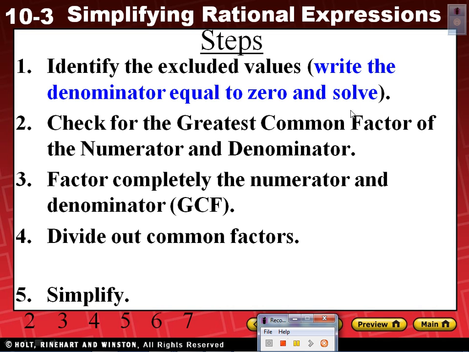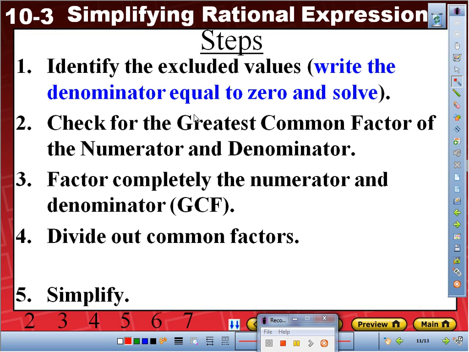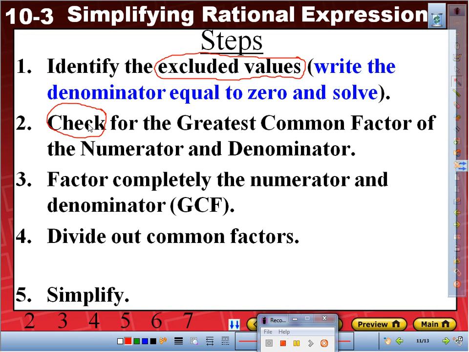All right, so check this out, guys. Things to circle or underline: I want you to circle the term excluded values. I'm going to give you a definition right now. Also, make sure that for step 2, the very first thing we do is check for TCF on the numerator and denominator like we did on the warm-up, instead of just dividing by 2 or whatever the case is.